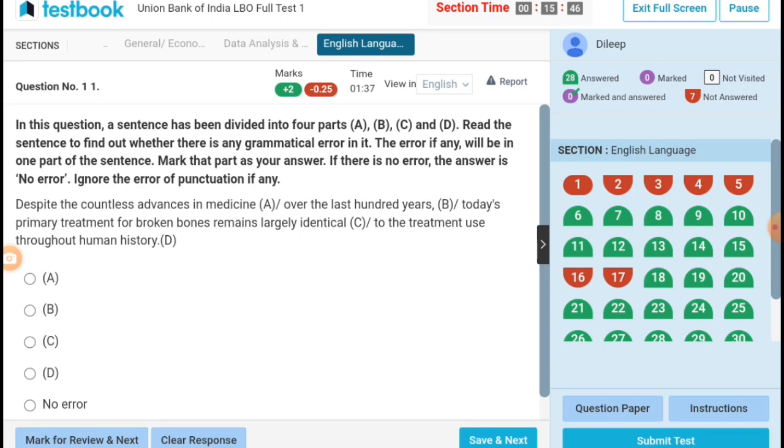So treatment for broken bones remains largely identical.